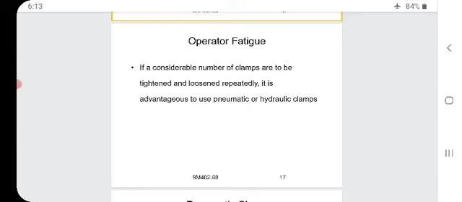So this is the main advantage. By using pneumatic or hydraulic clamps, that is a good advantage. So for repeated operation, we have to go for pneumatic or hydraulic clamps.